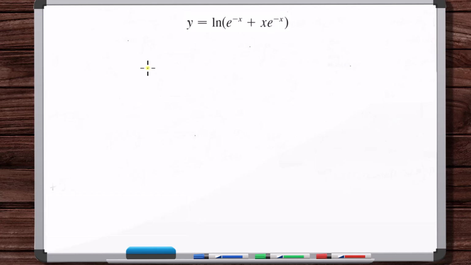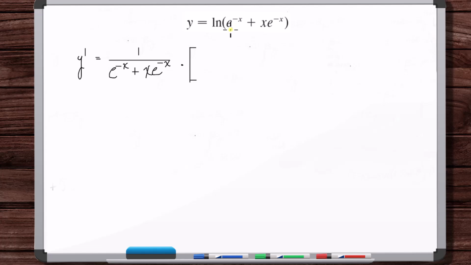Okay. What is the derivative of the natural log of something? It's 1 over that something, times all of that times the derivative of that something. What is the derivative of e to the minus x plus x e to the minus x?